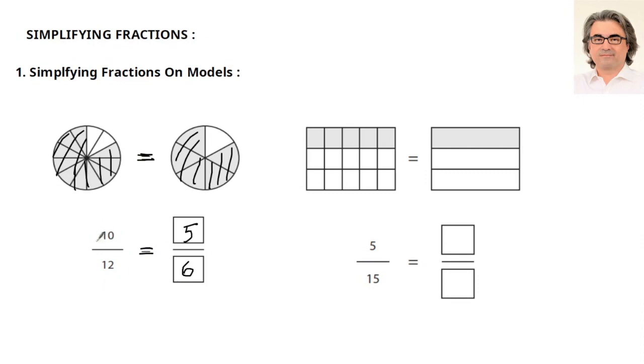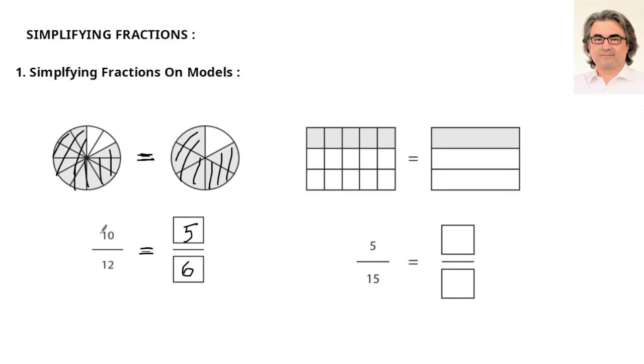Now, if you look carefully at the right side of the equality, we have a fraction here, 10 over 12. And 5 is the numerator of the second fraction, and 5 is half of 10. 6 is the denominator of the second fraction on the right side of the equation, and 6 is also half of the denominator of the first fraction, half of 12.